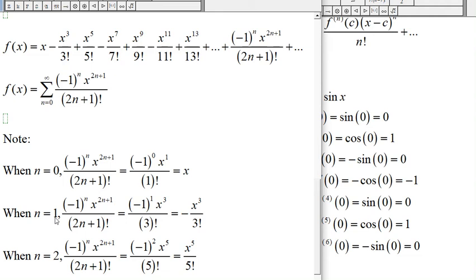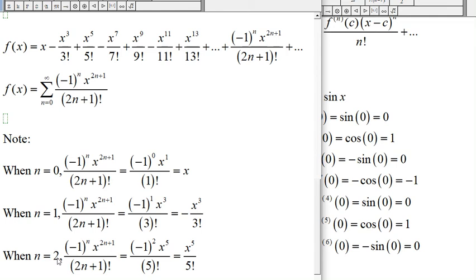And when n is 1, then we get 1 for the exponent here, and then 2 times 1 plus 1 is 3, and then 2 times 1 plus 1 is 3. So we get negative x to the third dividing by 3 factorial.